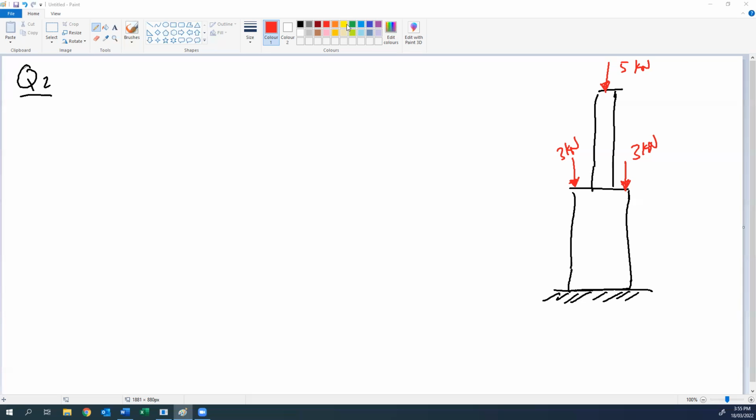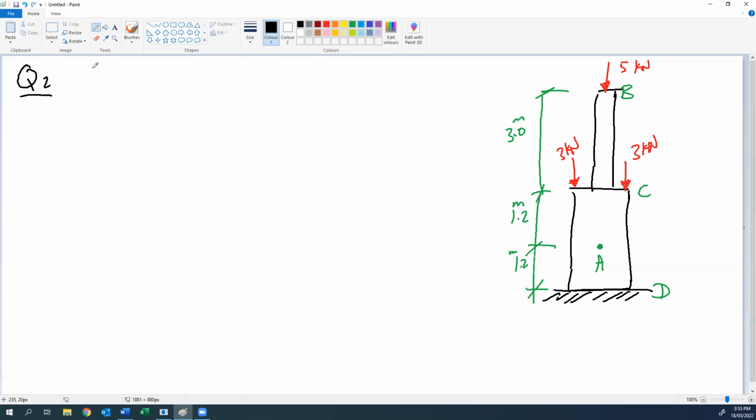We have this called point B at the top, and this part is C, and the support is D, and we have here somewhere point A. Point A is in the middle of this part, which is 1.2 meter. And we have the top part is 3 meter. Okay, this is the shaft we have, or the column we have.